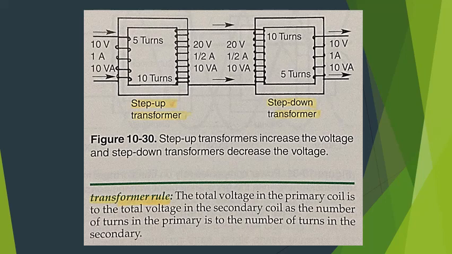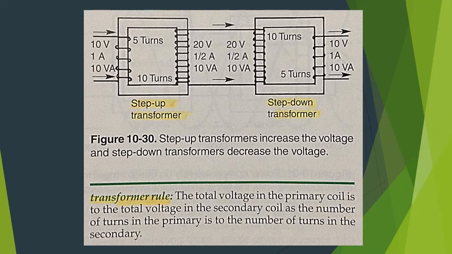Let me take that back. Since a transformer changes voltage, it can either increase or decrease the primary voltage, and that is on the secondary side. That's where you get the increase or decrease.